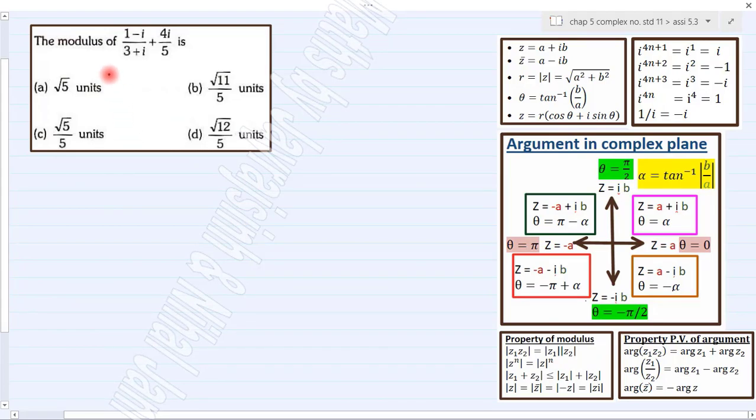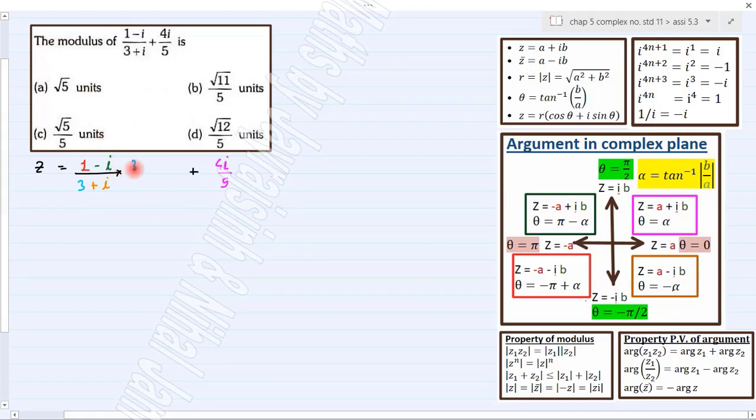In this question, we have to find the modulus of (1 minus i) upon (3 plus i) plus 4i upon 5. And to get the modulus, we have to simplify our first term by multiplying and dividing by the conjugate of the denominator, so it will be 3 minus i.